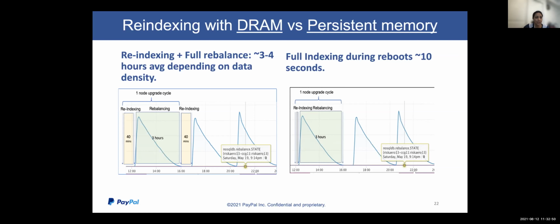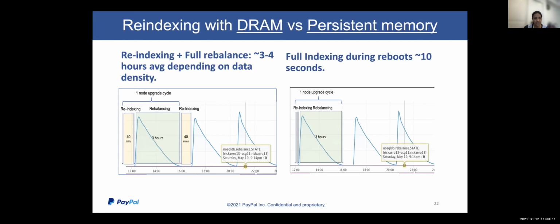On the left-hand side, the re-indexing here is taking around 40 minutes. And the rebalancing is taking around 3 hours, which we discussed in the previous slides. So this rebalancing, let me just give a brief on what rebalancing is.